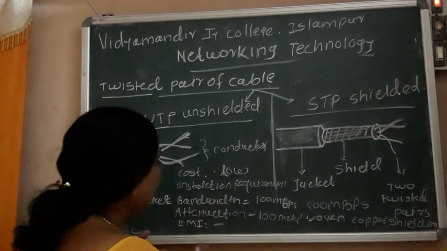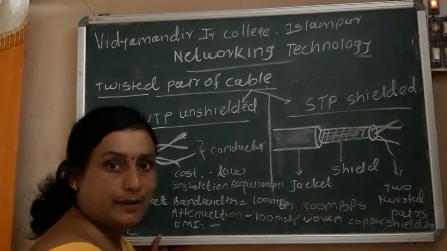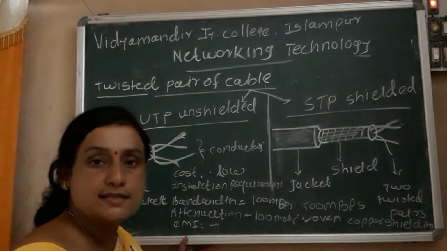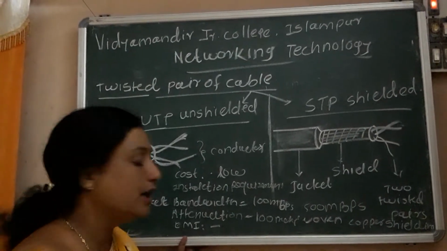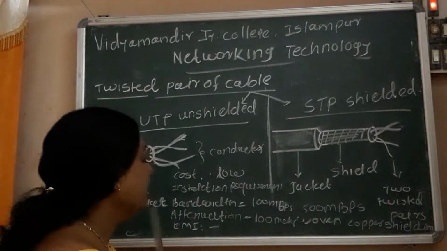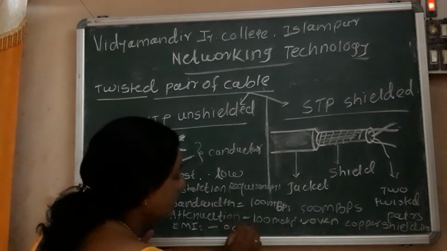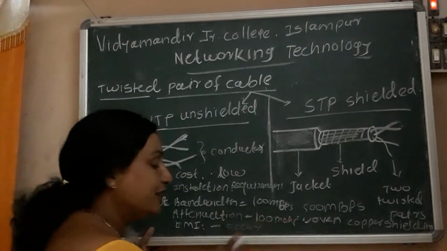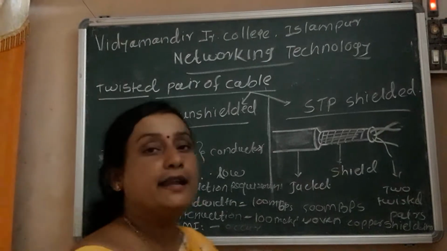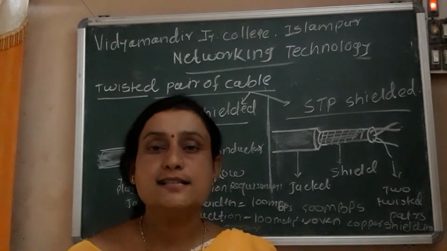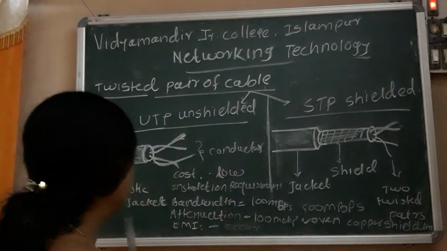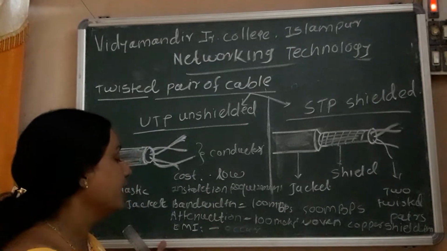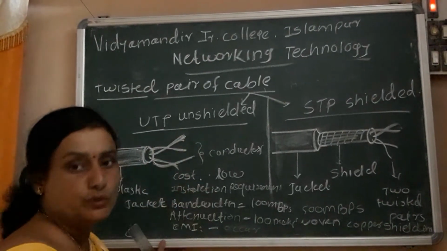Because the shield like the STP cable is not provided, so electromagnetic noise can disturb the data transmission in the cable. In a board examination, a question will be asked: dash dash cable is the highest sensitivity to the EMI. That is, UTP cable is the highest sensitivity to the EMI. That is the characteristics of the UTP cable.